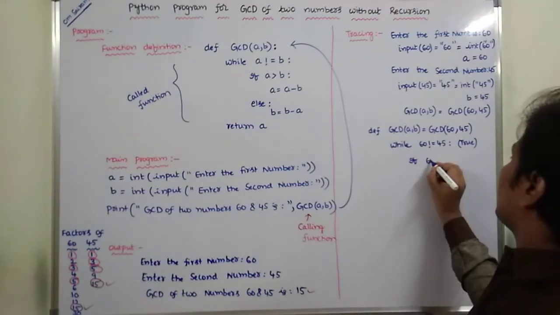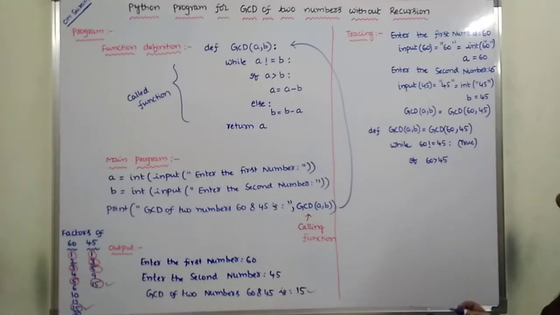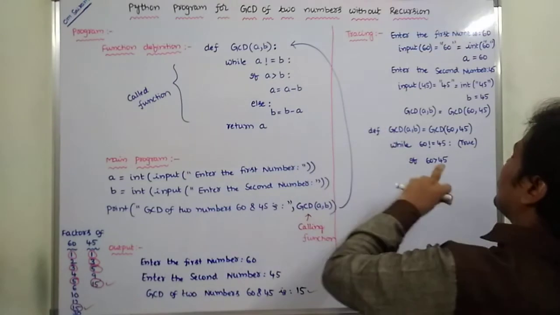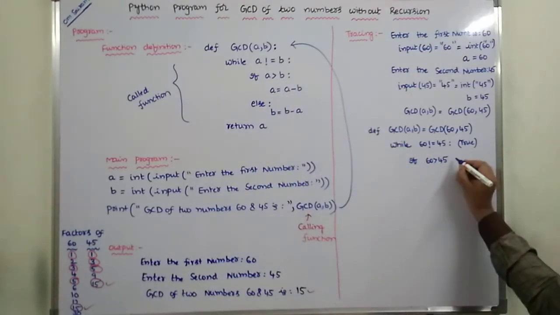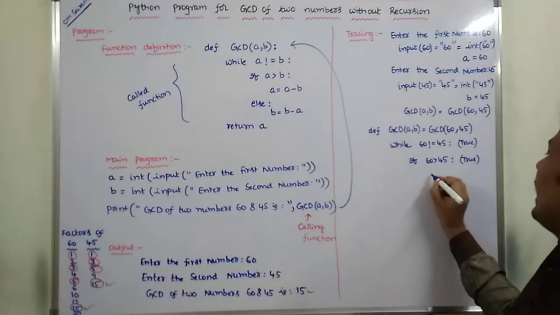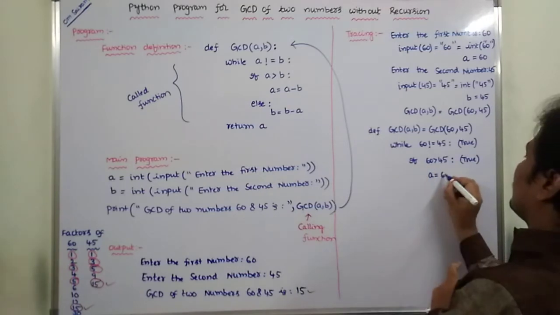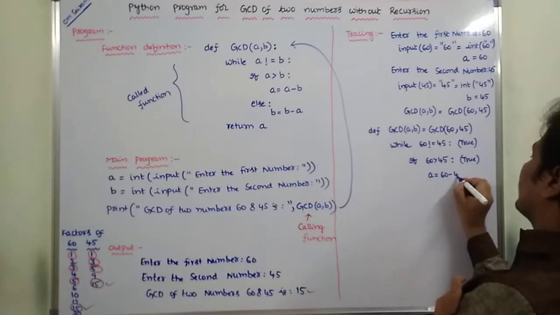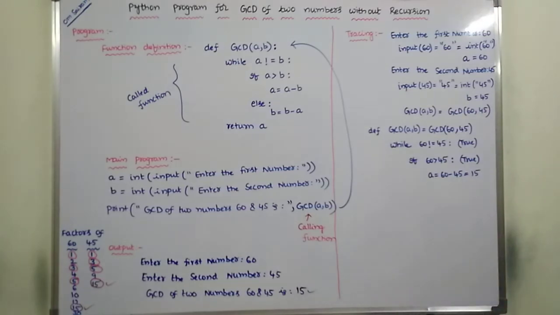If a greater than b: 60 greater than 45, this is true. If the condition is true, then go to the statements within the if block. A is equal to a minus b: 60 minus 45, that is 15.